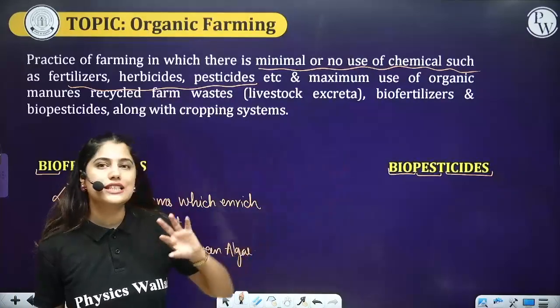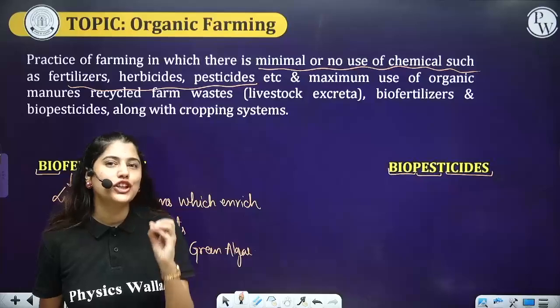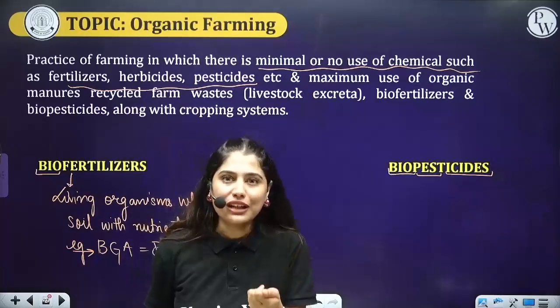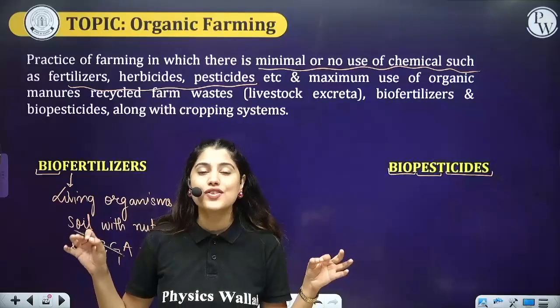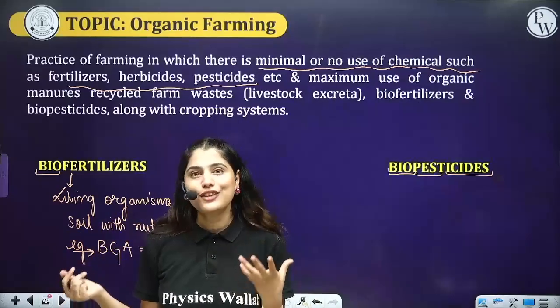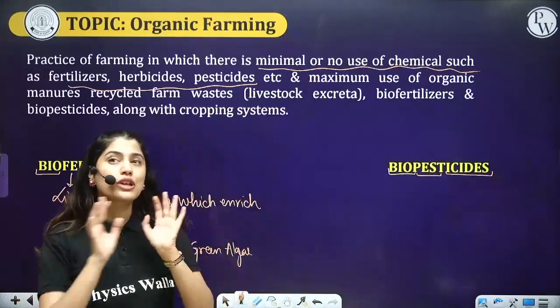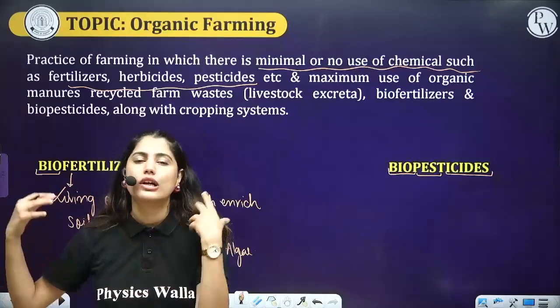So biopesticides, have you ever seen your mother using neem leaves or maybe the turmeric, the haldi, so as to store the grains? Yes, we can use those methods so as to kill or maybe repel the pest or the insect, right?